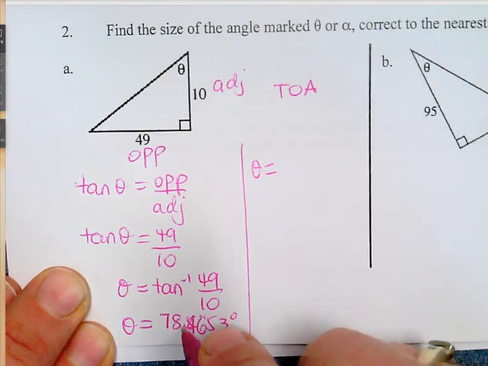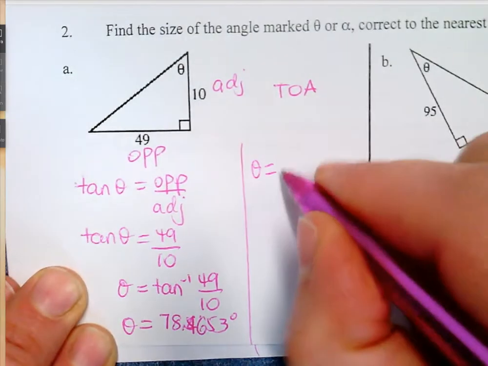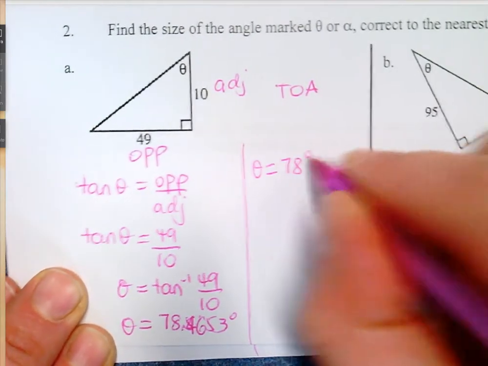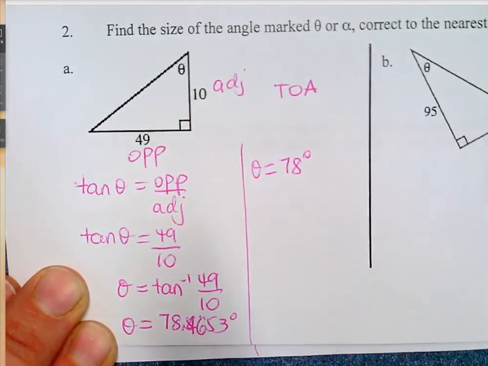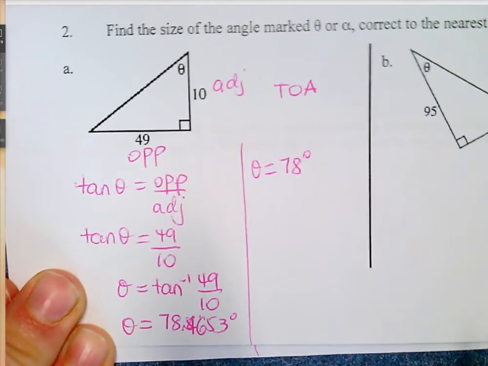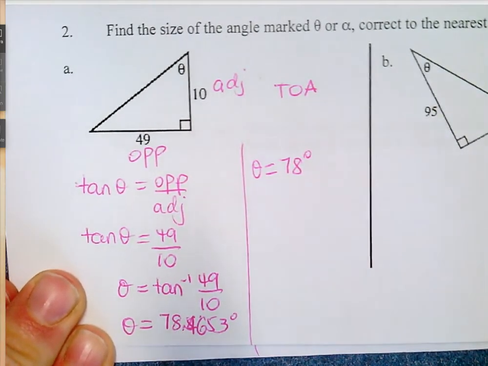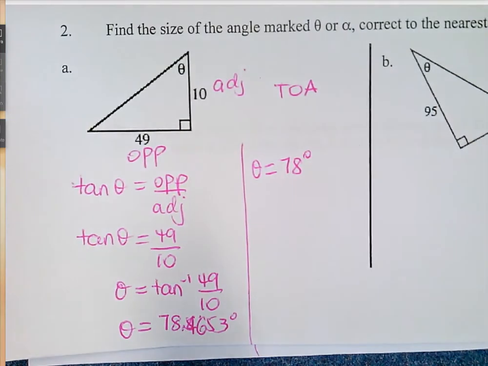So what is it? You need to go shift, DMS, 78 degrees. It's got to be less than 30 minutes because it's 0.46. Is that what you got? 78.4653? You need to change that into degrees, minutes, seconds. I'm waiting for someone to do it.